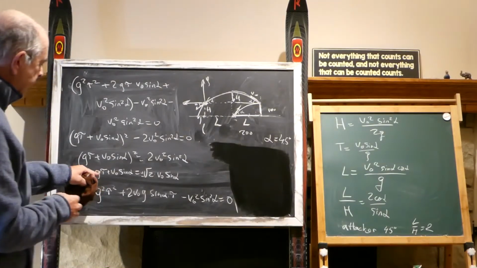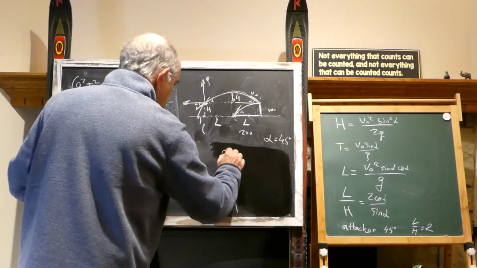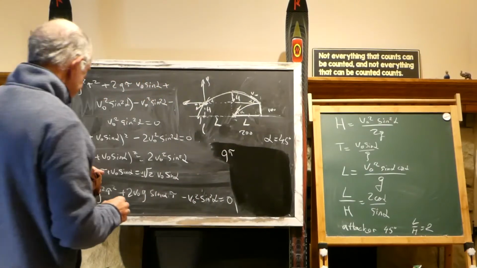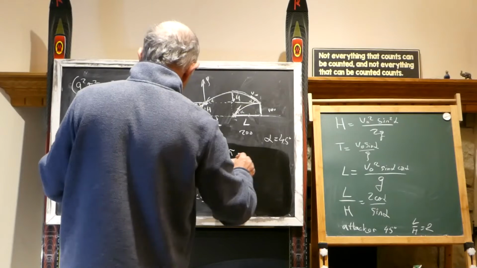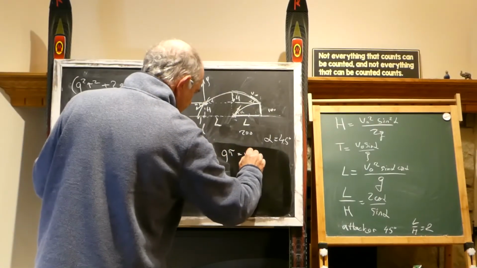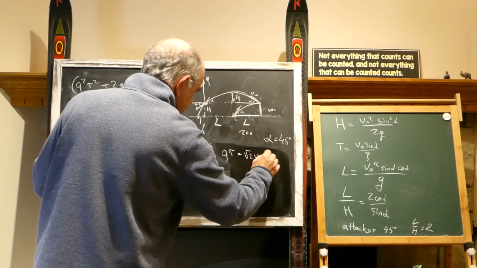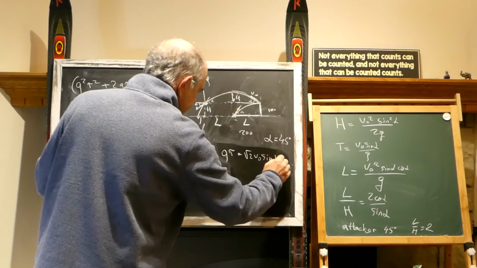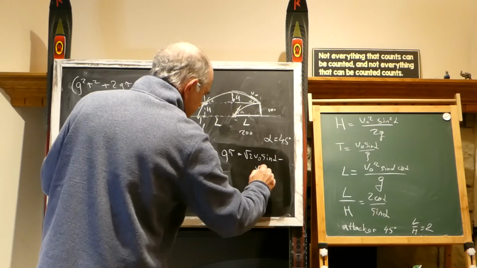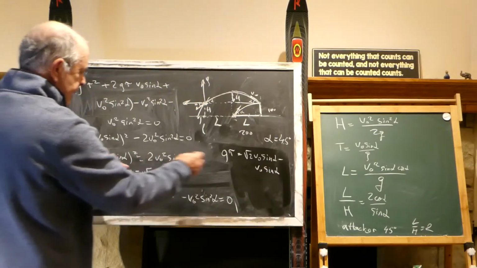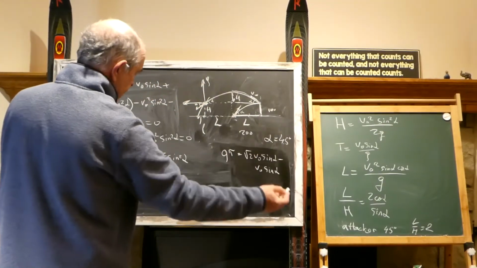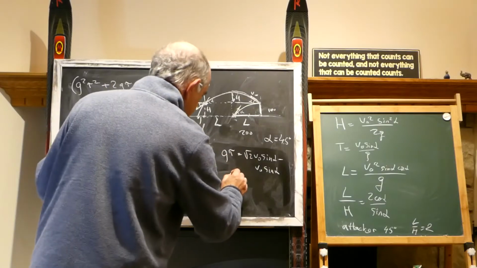So I can isolate g tau, moving this here, and let me straight away have a positive sign because I'm not dealing with two negatives: minus v0 sine alpha. Because when I move this, it becomes minus, so this minus and minus would be negative, but this would be positive.